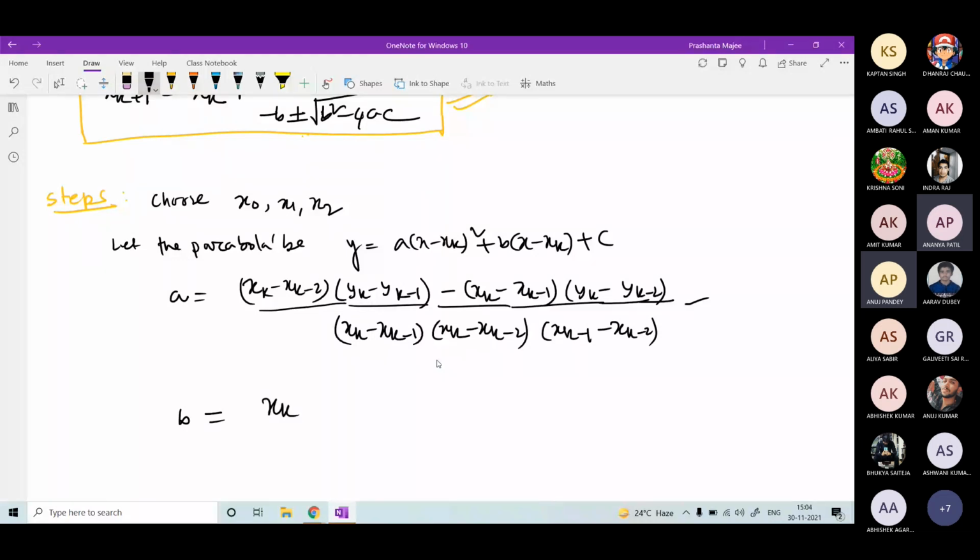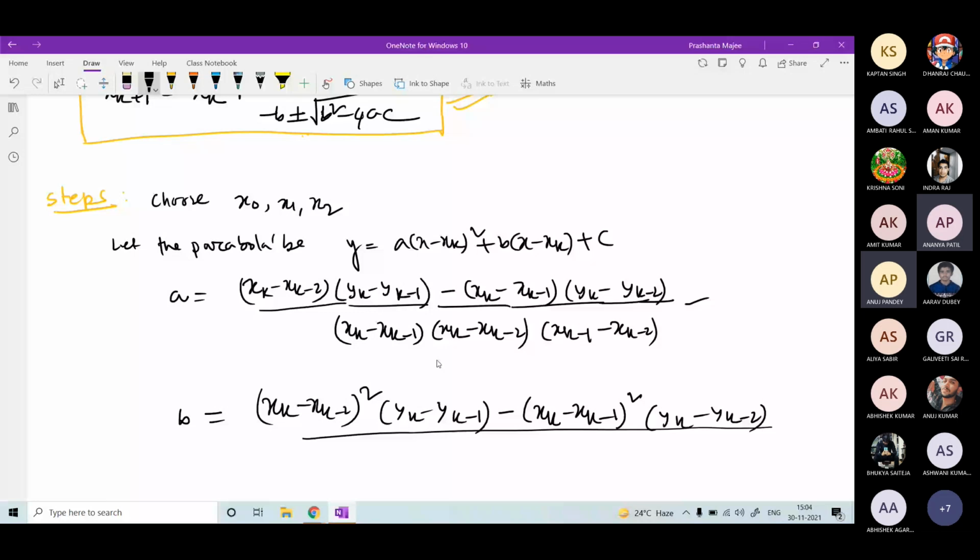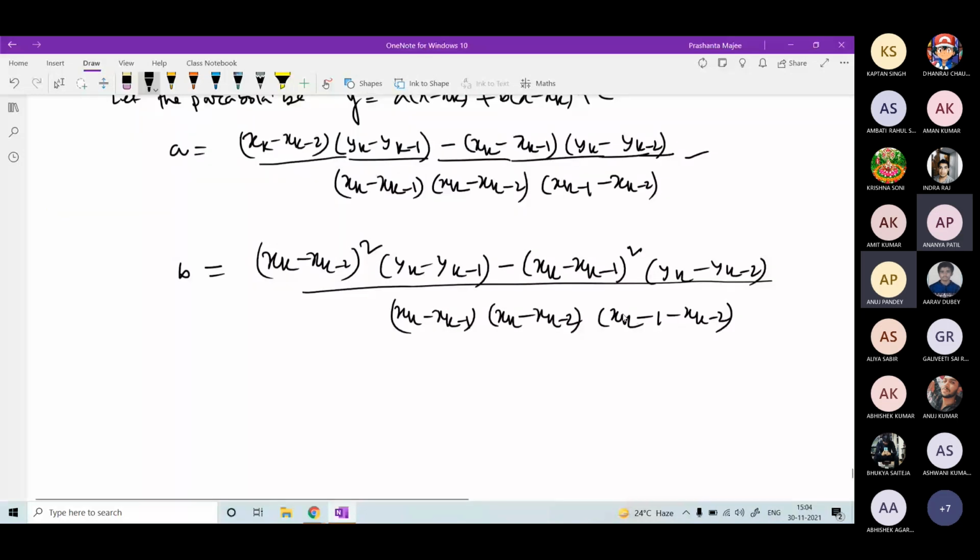So b is (xk minus 2 square into yk minus 1 minus xk minus 1 whole square into yk minus 2) by the same denominator as a, xk minus 1, xk minus 2, (xk minus 1 minus xk minus 2). And c equals yk. So these are the values of a, b and c.